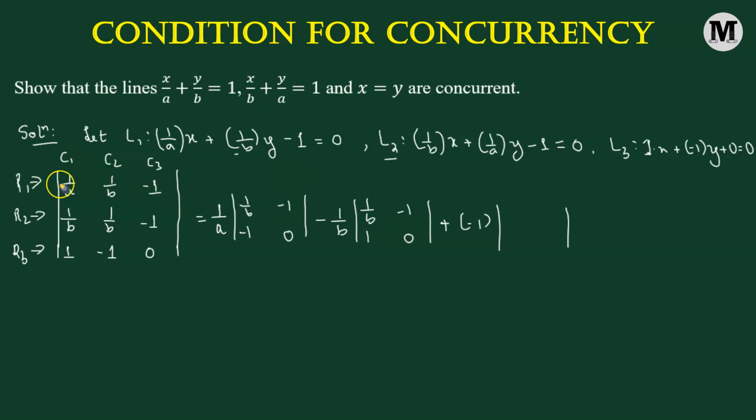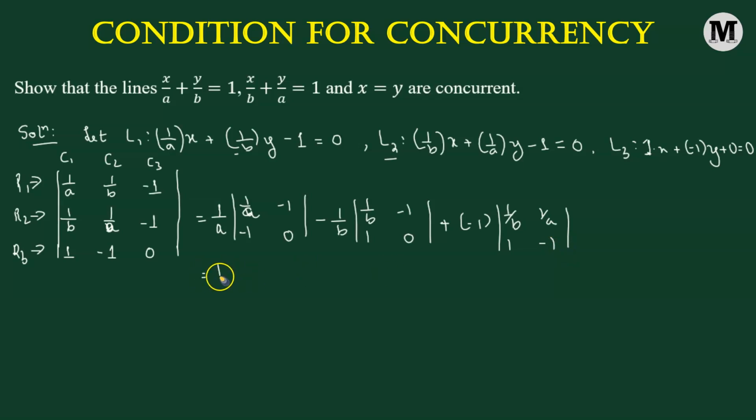For finding out a 2 by 2 determinant, we reject the entire row R1 as it contains -1 and also the column 3. So this is going to leave us with, actually, there's a mistake. This is 1 over a. I made a mistake there. So this is going to be 1 over a. So we have 1 over b. Then we have 1 over a, 1 and -1.